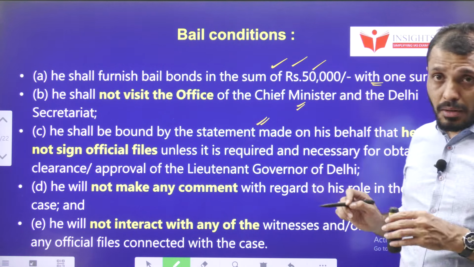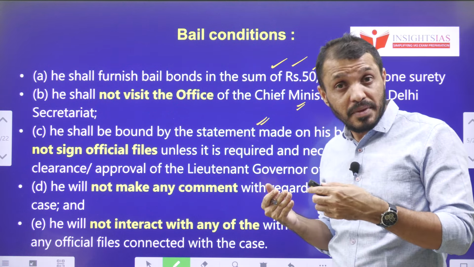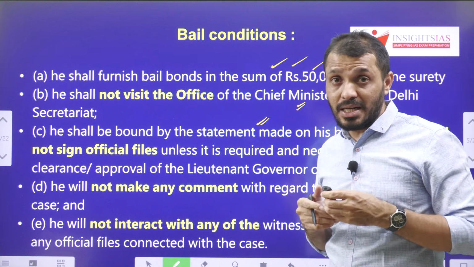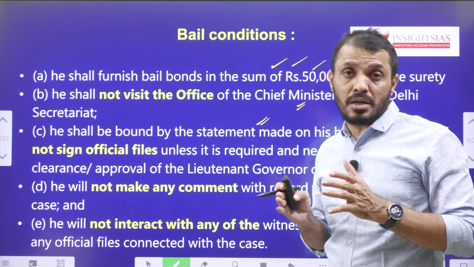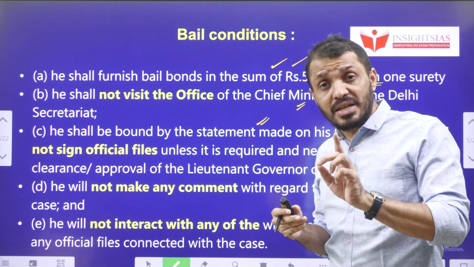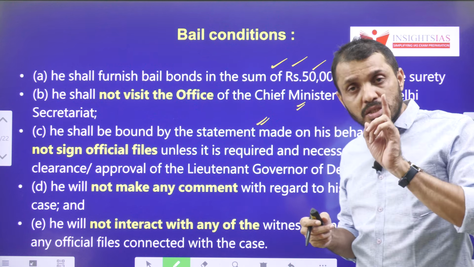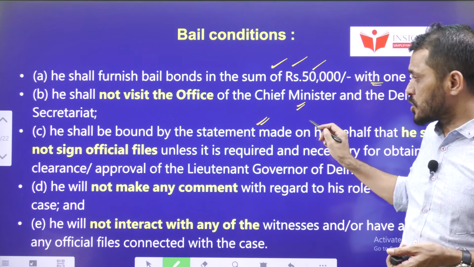He should not sign any documents unless essential, because in Delhi the majority of functions require final authority from the Lieutenant Governor. Before the Lieutenant Governor, certain files require the signature of the Chief Minister. So in those cases only he has to sign.